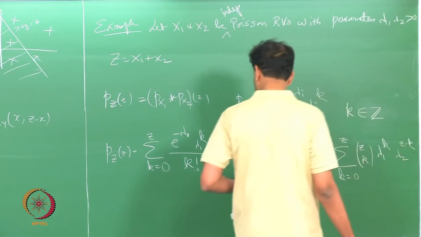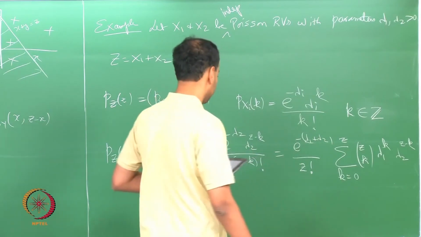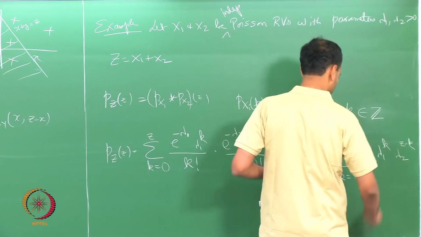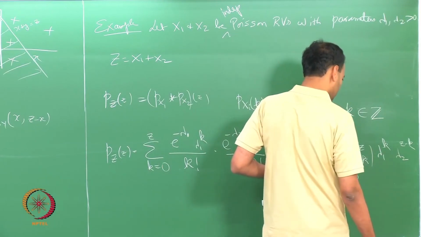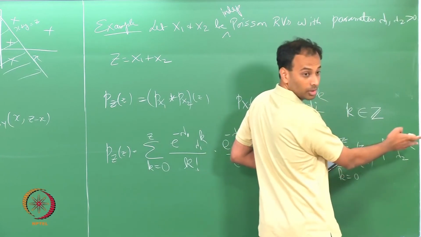Did I leave out anything? I think I am fine. So, that is a binomial sum, is it not. This is just the binomial expansion of lambda 1 plus lambda 2 power z.